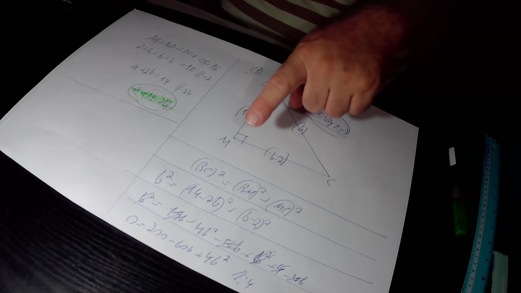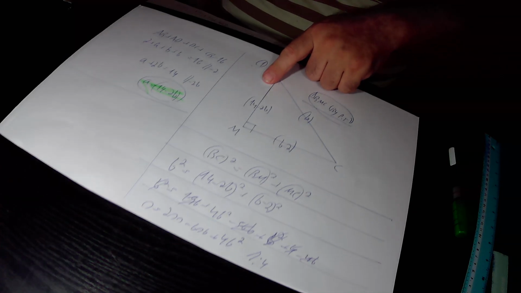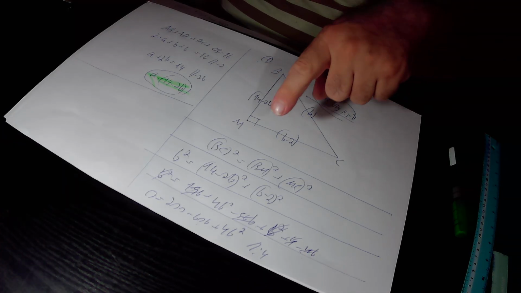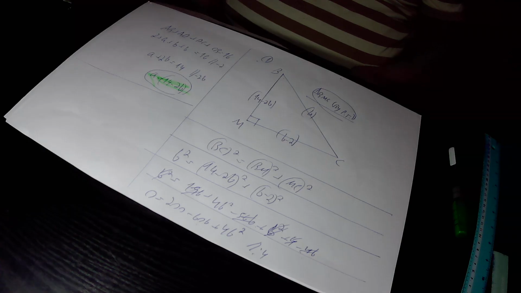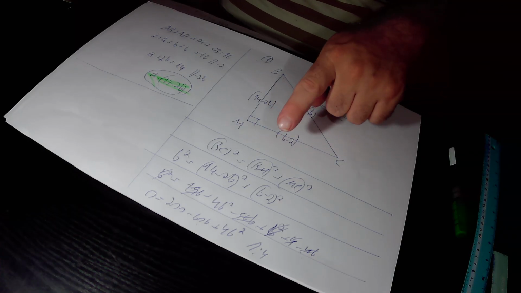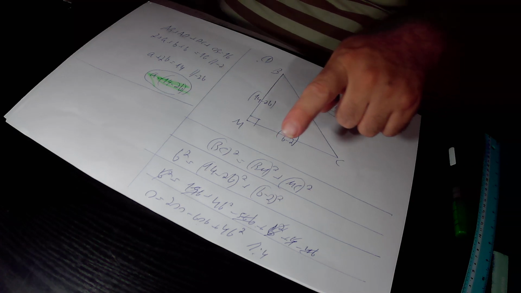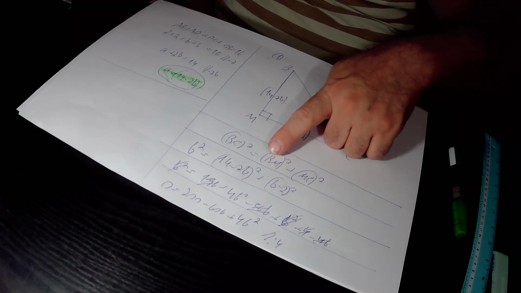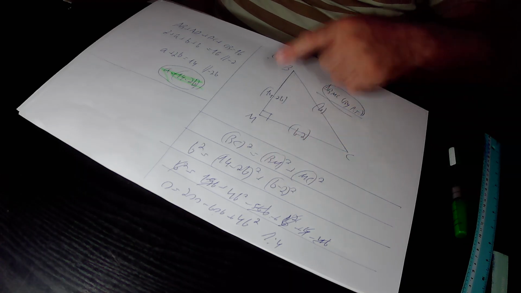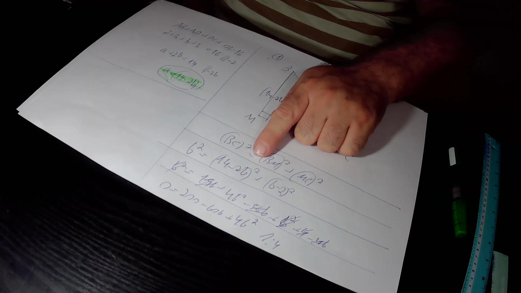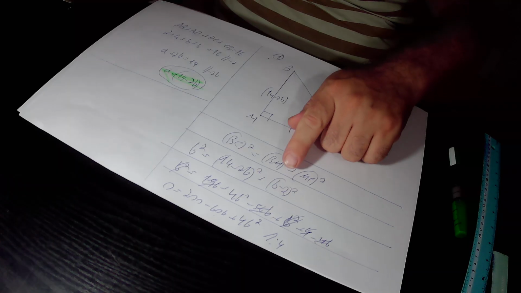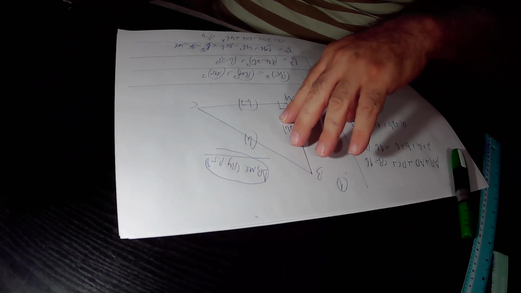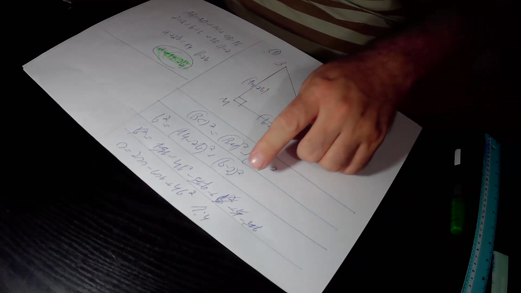We expand the brackets on this side of the equation. (14 minus 2B) squared equals 196 plus (2B) squared, that is 4B squared, plus 2 times 14 times minus 2B, this is minus 56B.